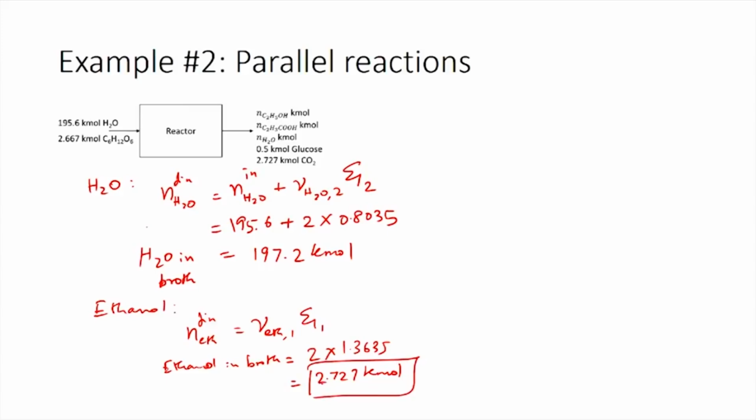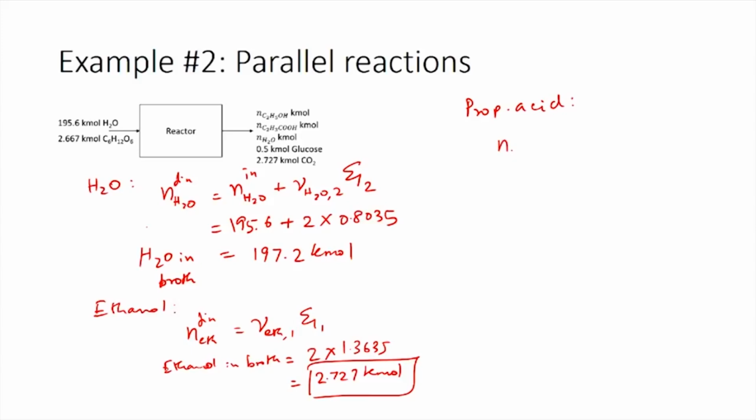So, finally, we will have to perform the balances for propanoic acid. For propanoic acid, we do not have any propanoic acid entering at the initial condition and we have only propanoic acid being produced by the second reaction.